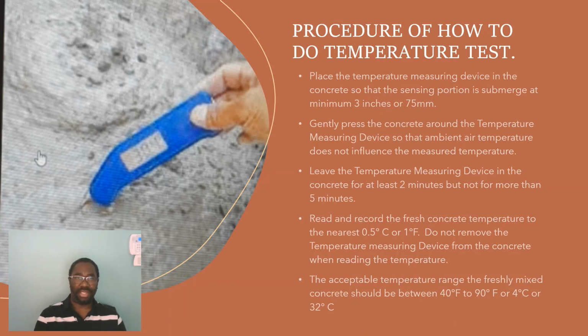And in the event that the reading should reoccur, you're going to get in touch with the concrete plant and let them know that you have done the test twice and the temperature of the concrete is not within the specified limits. And they will have to dispatch another batch of concrete, and of course you're going to redo the test until you get the temperature that is within the specified limits.